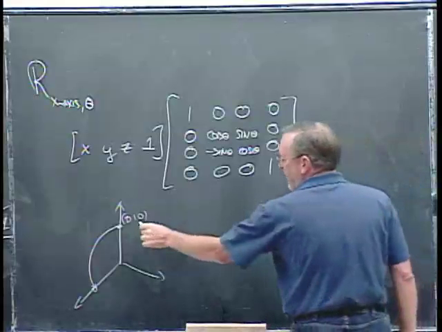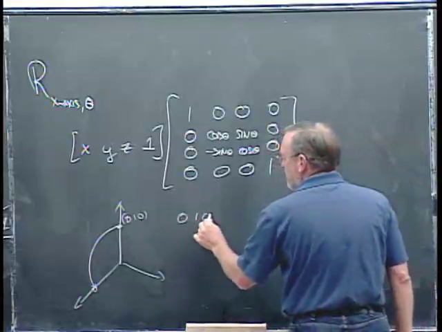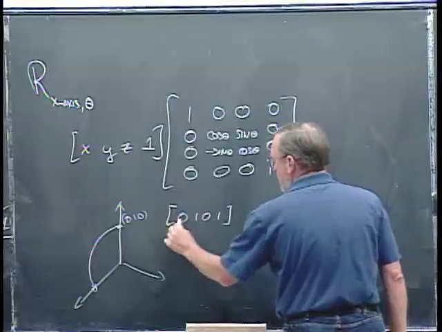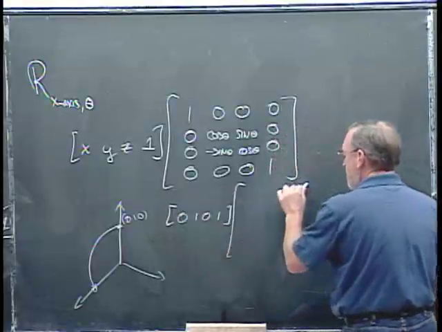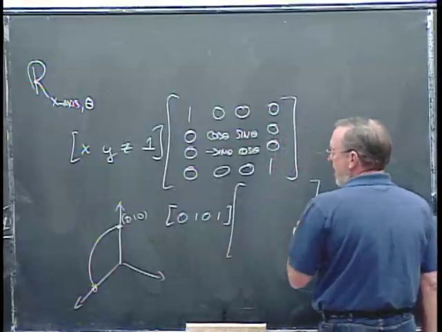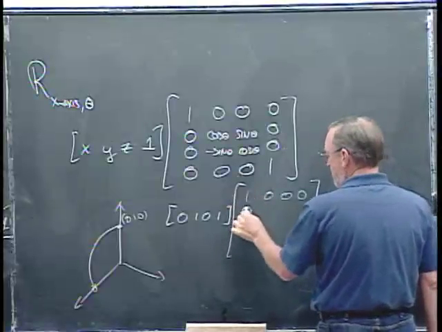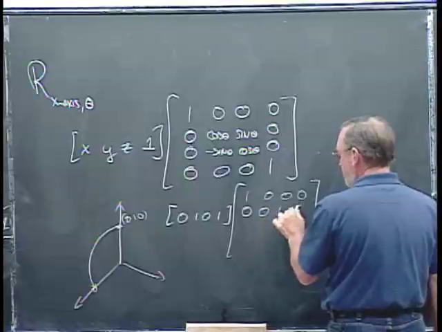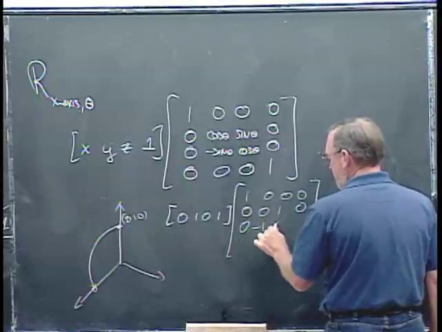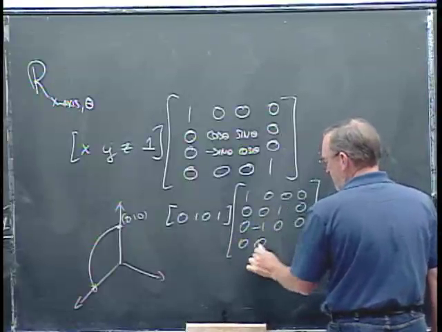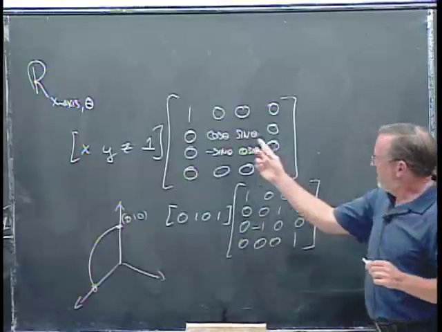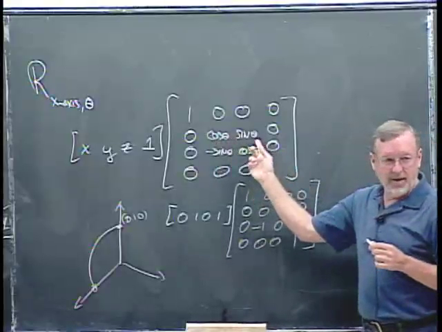And if I do that, here's the point 0, 1, 0, 1. Add my 1 here. And I've got this matrix now, 1, 0, 0, 0, 0, 0, 1, 0, 0, minus 1, 0, 0, 0, 0, 0, 1. Because cosine is 0, sine is 1.